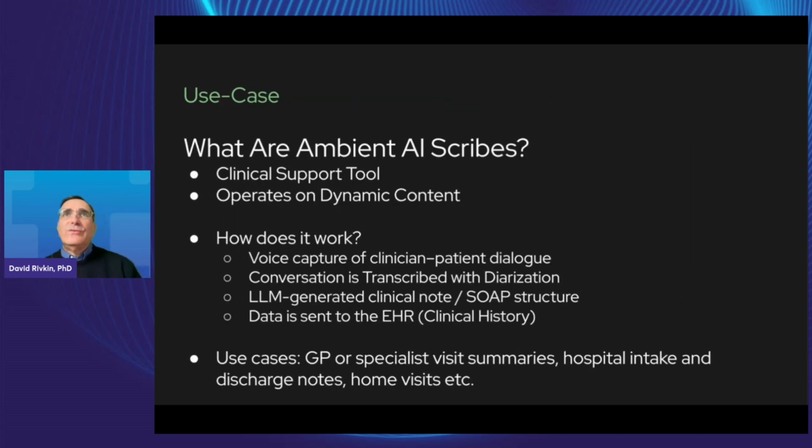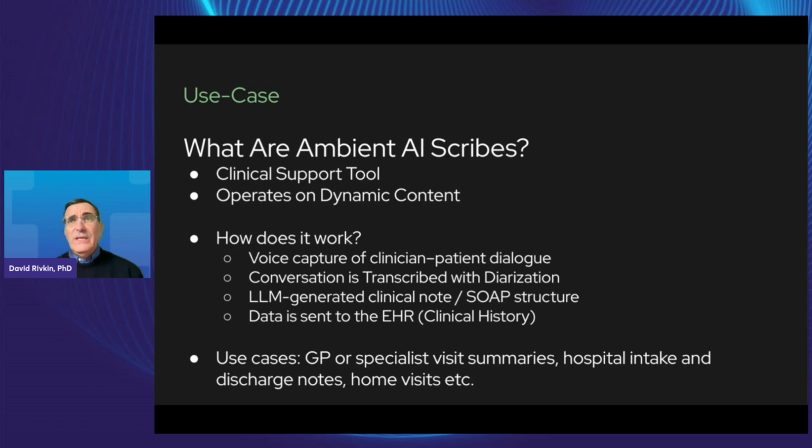So let's just go back to what I started with, which was the Ambient AI Scribes. This particular use case is a clinical support tool. Basically, you sit down with your GP, you have a conversation with them. The AI or your computer there records that conversation, it transcribes it, and then it extracts information from that transcription that's clinically relevant and sends that to the EHR, typically to an application that the GP or specialist will be able to look at, and they'll be able to take notes and modify it before it actually goes into the EHR.